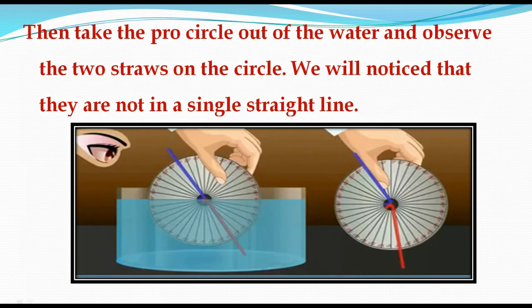Take the protractor circle out of the water and observe the two straws on the circle. We will notice that they are not in a single straight line. When the circle is in water, we feel that both straws are in a straight line, but when taken outside, they are not. This is possible due to refraction of the light.